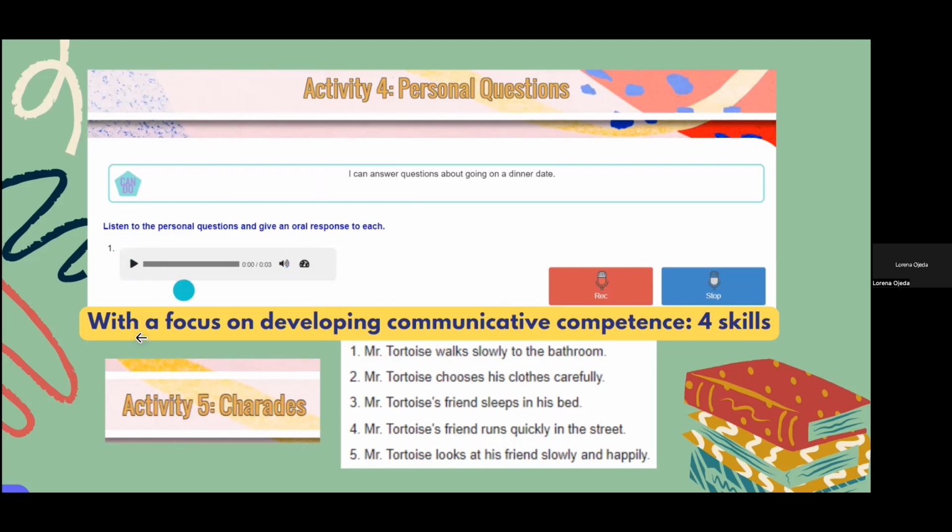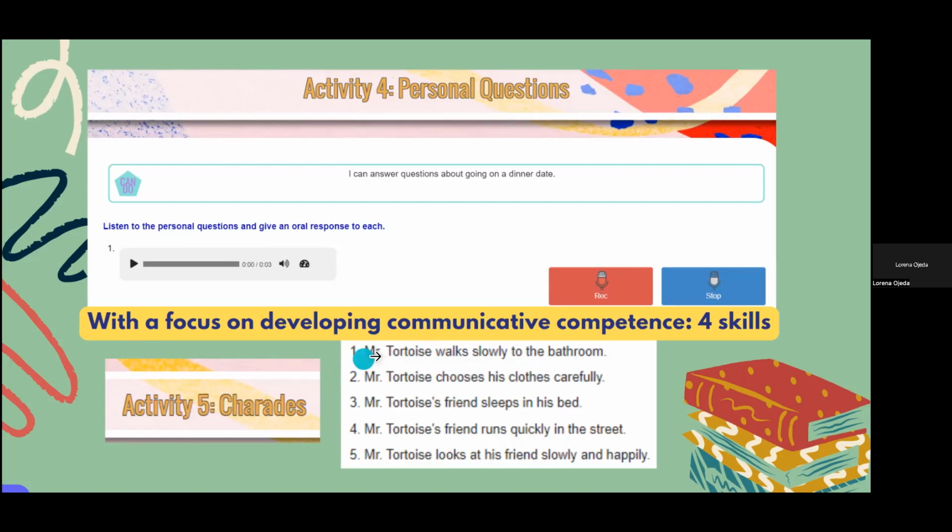Another, let's say, twist to playing normal charades. Instead of playing normal charades, focusing on a specific word, the idea is to play charades by focusing on the whole sequence. So we can build up from the sequential activity where you had to organize the different parts of the story. In this case, we're going to tap into the kinesthetic style.